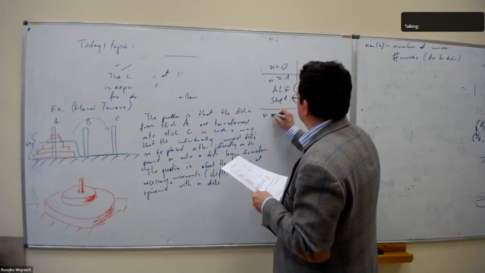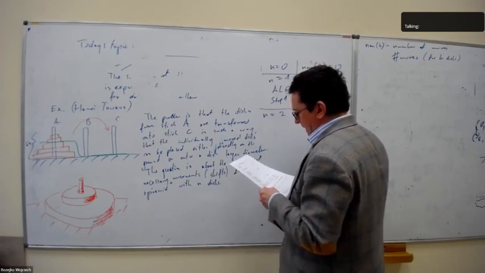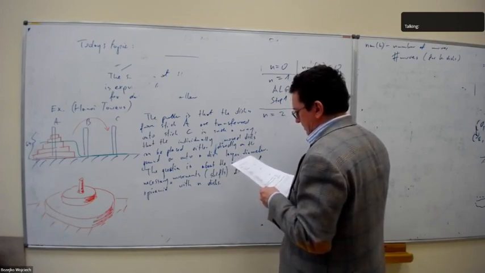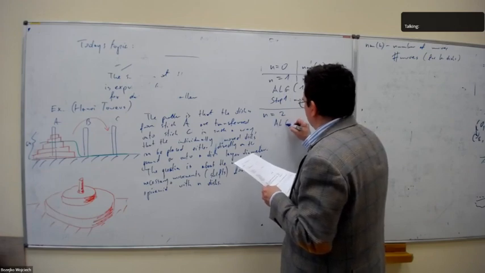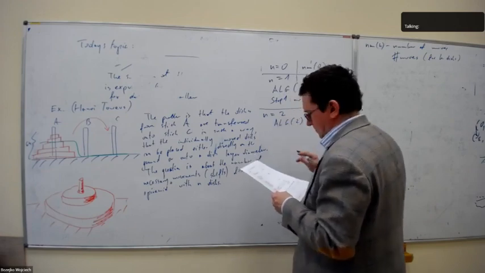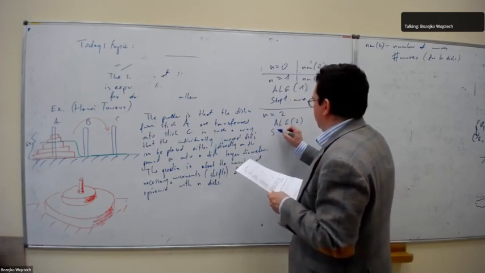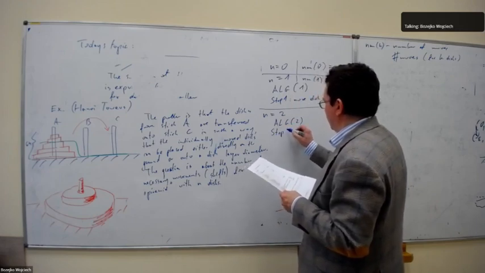For 2, we have described it before. So this will be the algorithm for 2. It consists of 3 steps.